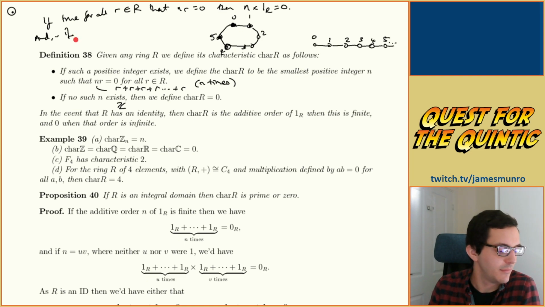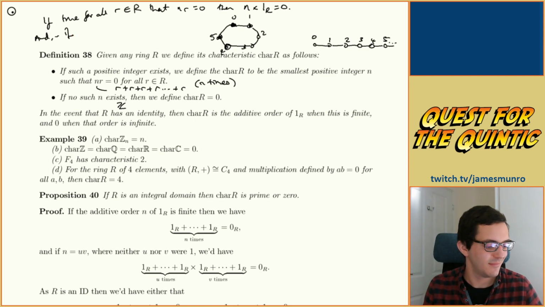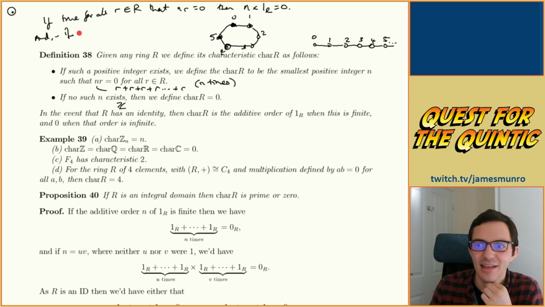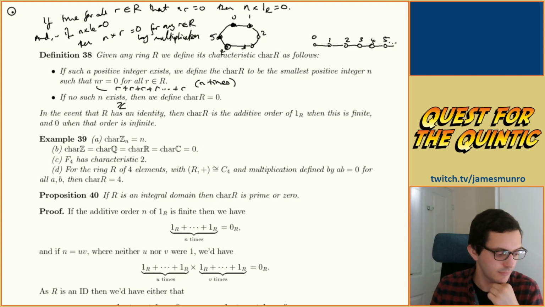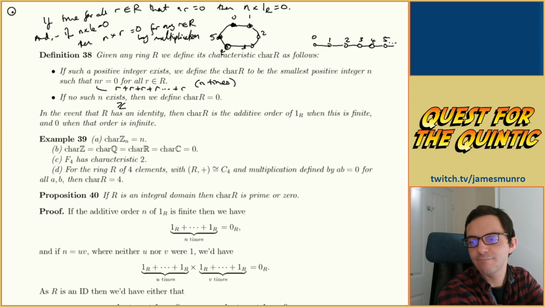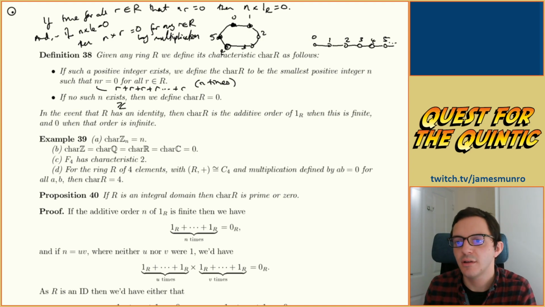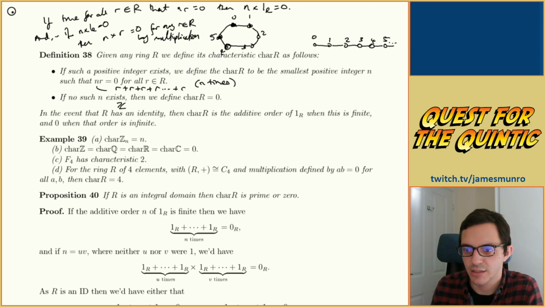If n times 1_R is 0, then I think I can multiply that by just any r. So I think it's enough to just check the identity.